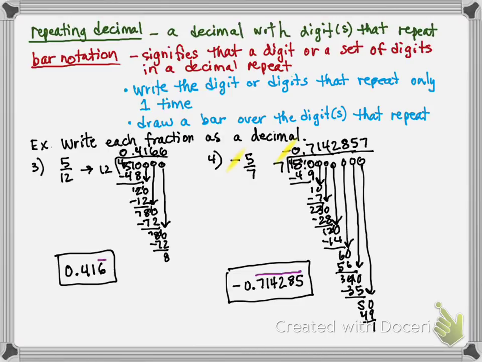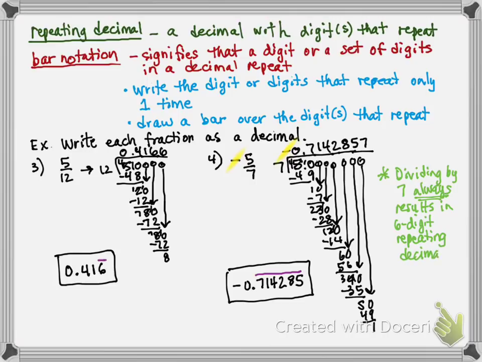Now, I am going to tell you something special about this guy. Notice my divisor was a 7. So, dividing by 7 always, not sometimes, always results in a 6-digit repeating decimal.